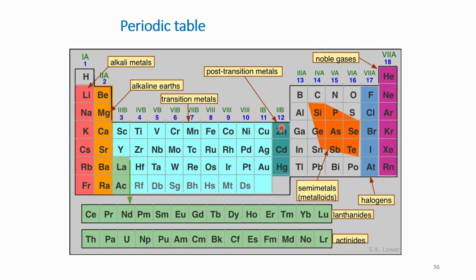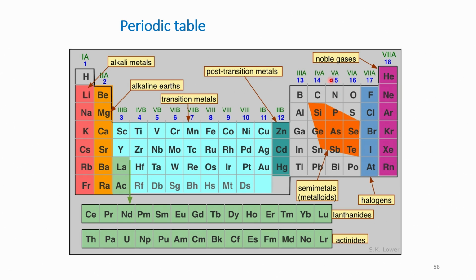Here we have a couple of post transition metals, and they are cadmium, zinc, mercury, and here we have noble gases on the right hand side, and the ones depicted in blue are halogens. All the others are non-metals, and some of them are metals and non-metals together.